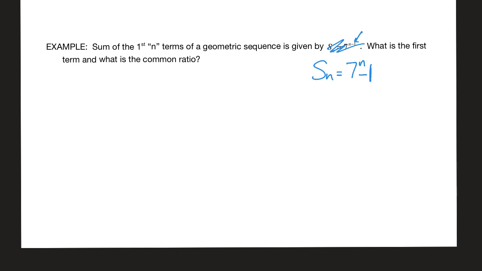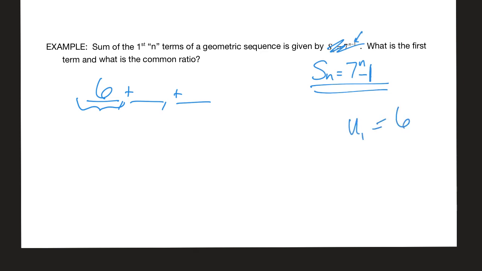If this is saying that there's some numbers that are in this list that we are adding up, when I plug in 1, I should get the sum of the first term. So when I plug in 1 into that equation, I get 6, which means that the first term is 6.